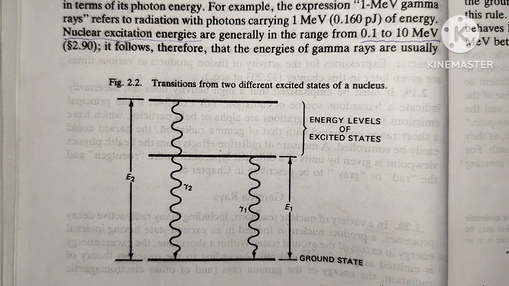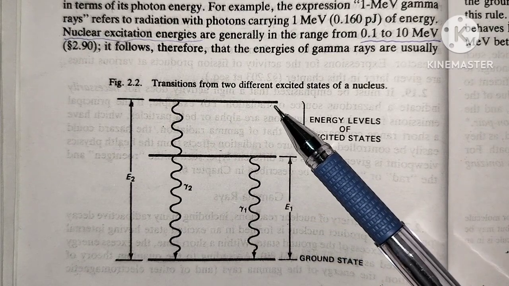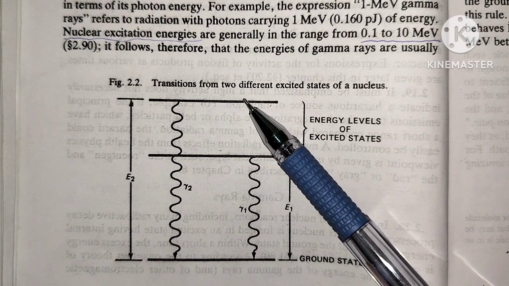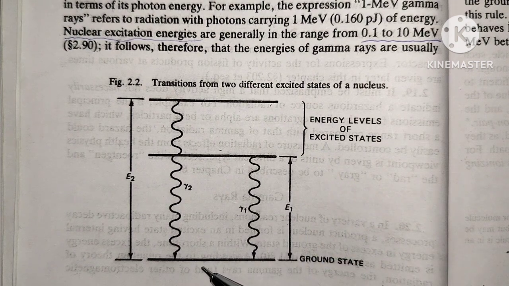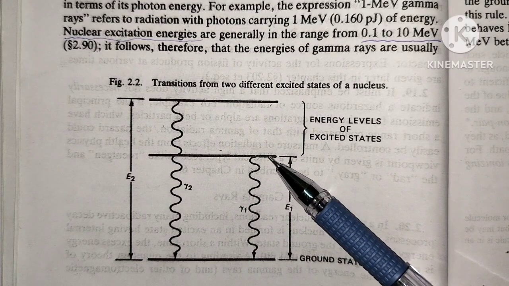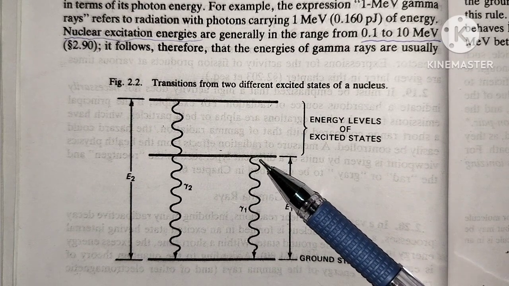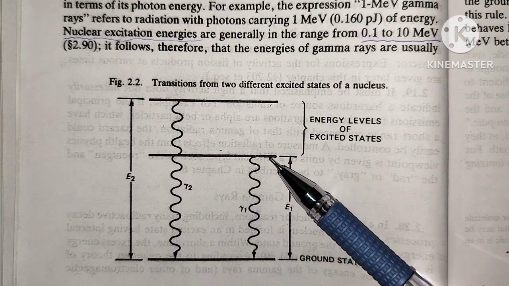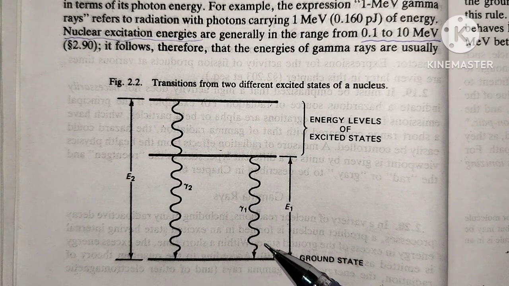You see here, if the nucleon is in the excited state here, excited state 2, it can come directly to the ground state, or if it is in excited state 1, it can come like this also. If it is in the first excited state, it will come to the ground state.